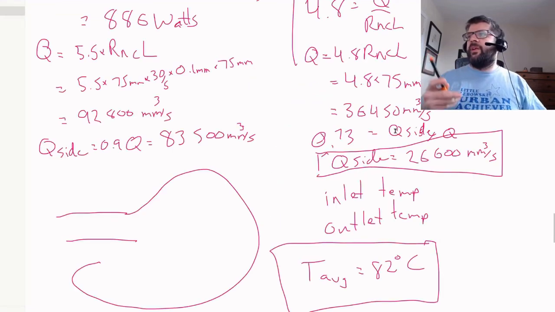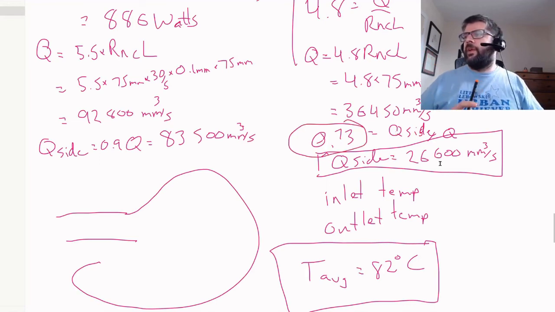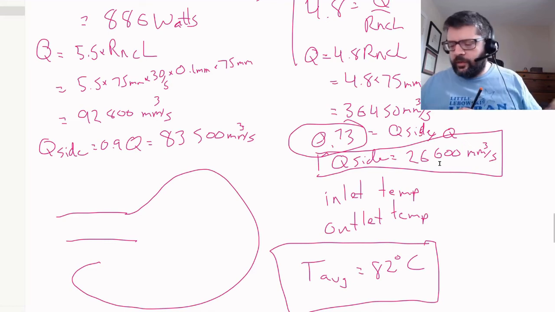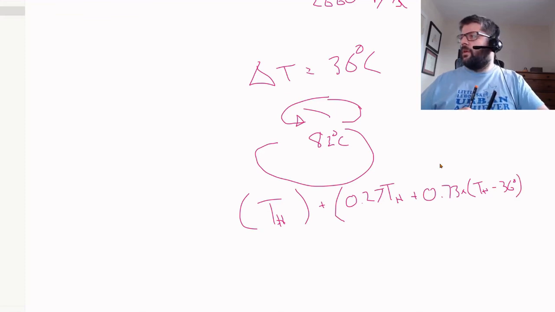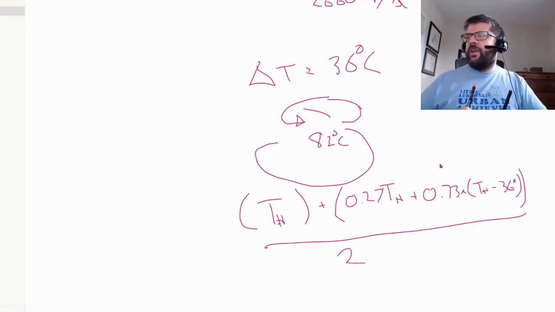So 1 minus our 0.73, so that'll be 0.27 TH plus our side flow ratio times TH minus 36 degrees. All this averaged together is equal to 82.